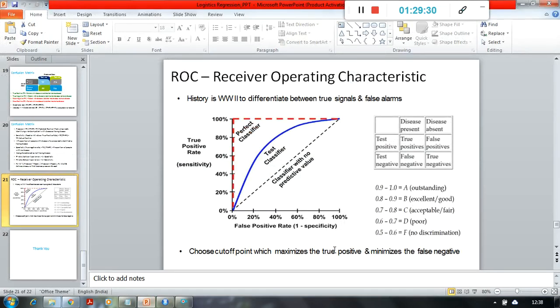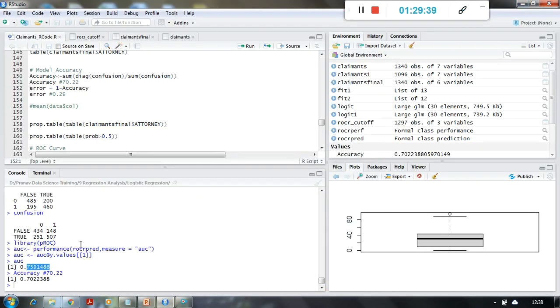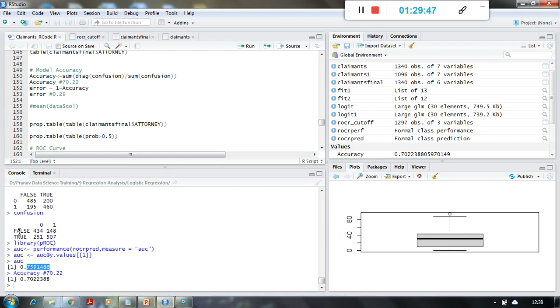And the third parameter which we have seen is that the accuracy should be greater than the percentage of the majority class, and the percentage of majority class was 51%, right? So on all three parameters the model is working fine, and hence we can deploy this model with 70% accuracy.